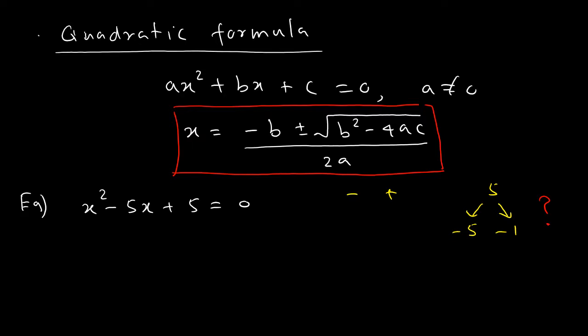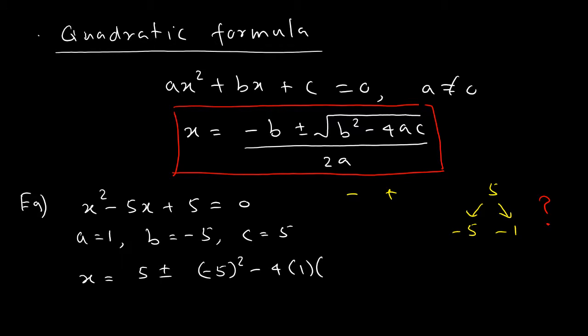So we're going to go to the quadratic formula, and you can see that here a equals 1, b equals negative 5, c equals 5. So we're going to plug in here. x equals negative b, that means 5, plus or minus the square root of b squared, so negative 5 squared, minus 4 times a equal to 1, c equal to 5, over 2a, which is 2 times 1.